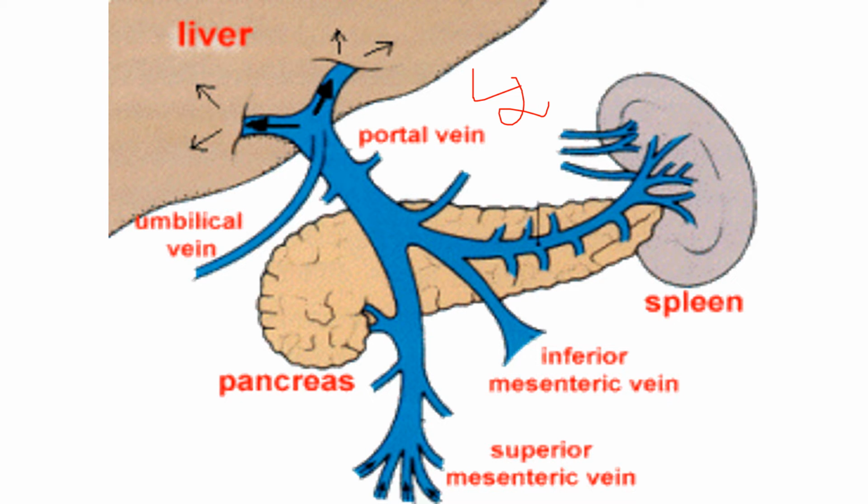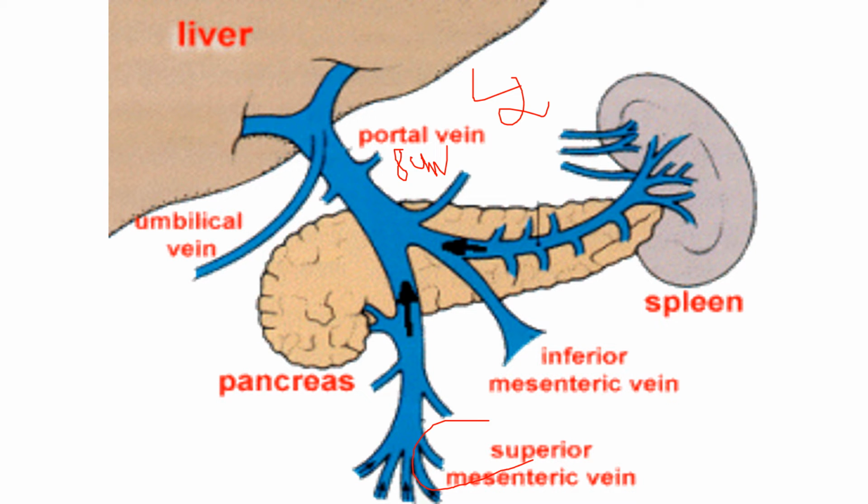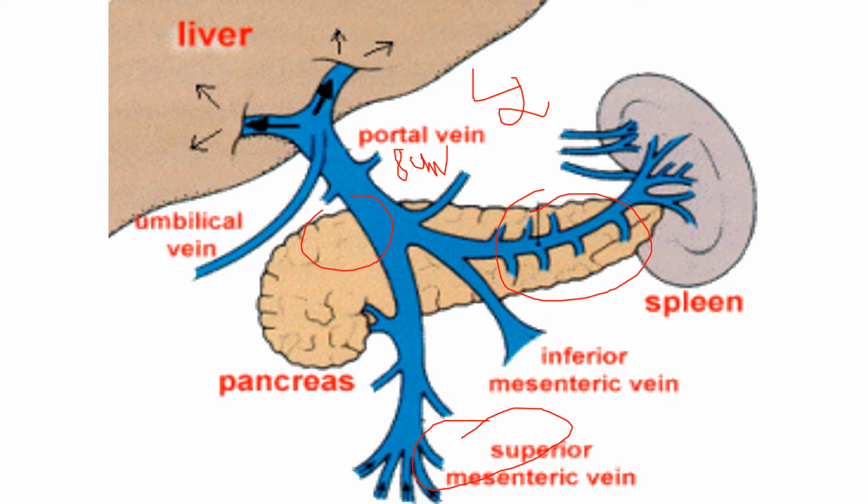It is about 8 centimeters long. It is formed by the union of the superior mesenteric vein and the splenic vein, this way, behind the neck of the pancreas.